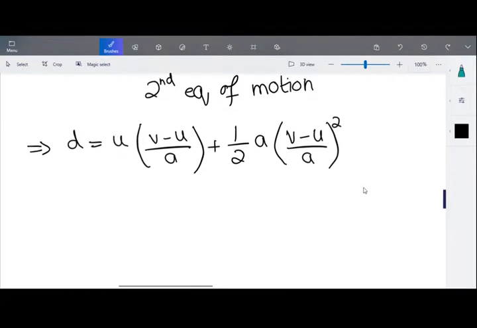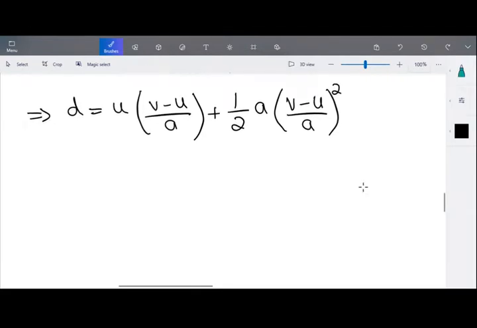Now I'm not actually going to compute this formula, but think of this as an assignment for yourself and try to solve and simplify this entire expression. What you'll end up with is: 2 times the acceleration times the displacement equals the final velocity squared minus the initial velocity squared.